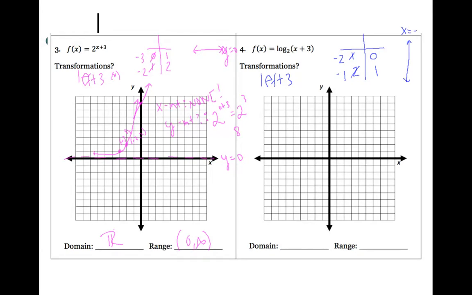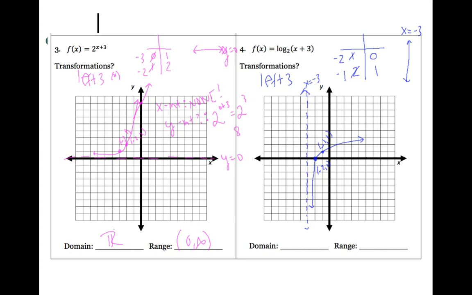It's going to actually be at x equals negative 3 now. So negative 2, 0 and negative 1, 1.